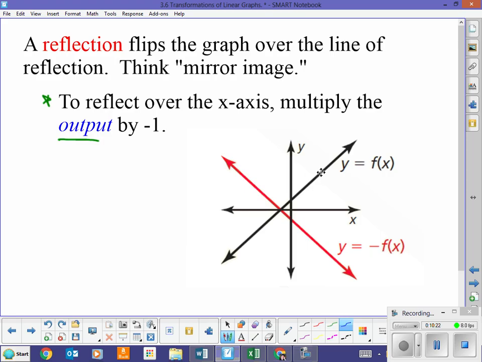Well, let's say this point here is y equals 3. For the same x value, now we'll have y equals -3. So it reverses the sign of the y values.